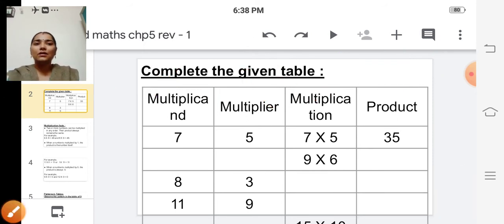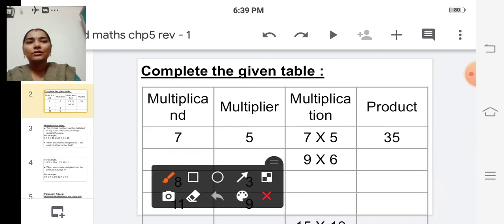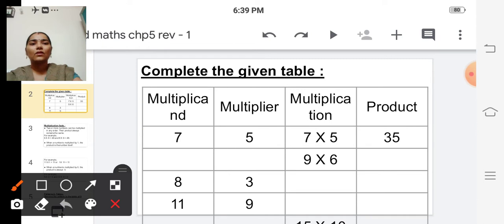So with that we are going to complete the given table. Shall we? Yes. So multiplicand, multiplier, multiplication, product. In the first row they have given all these things.